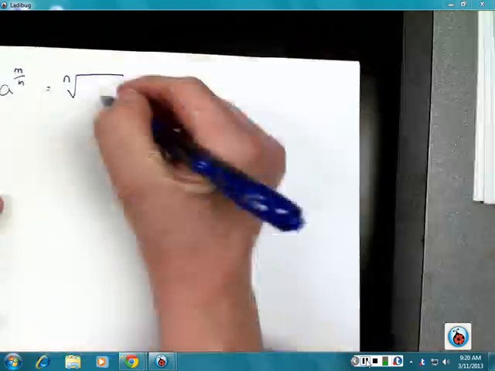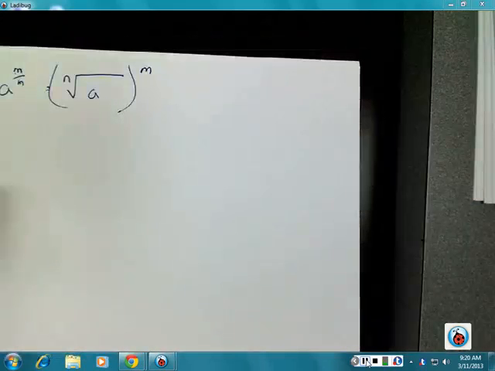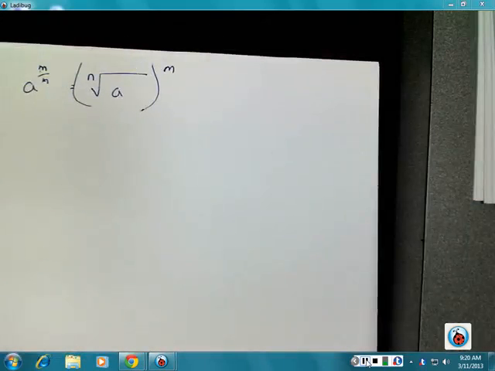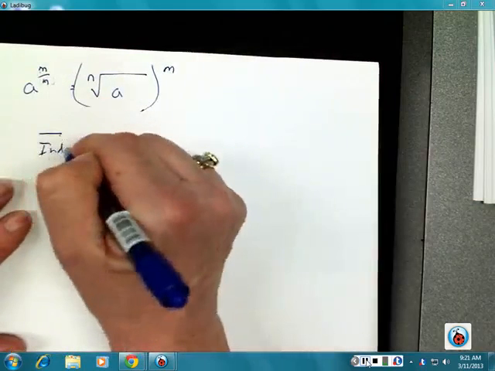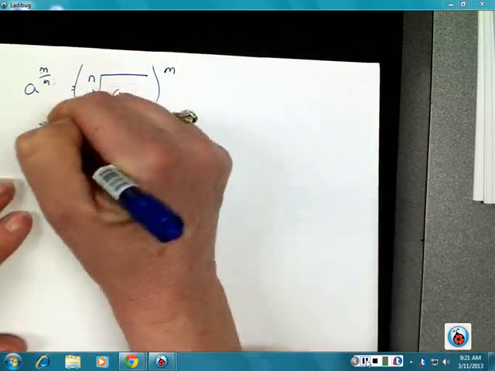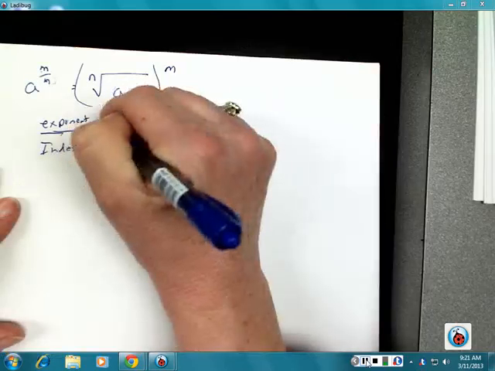The m that's on top says we take the whole thing and raise it to the mth power. So you've got an index on the bottom, but on top you have an exponent that you raise everything to.